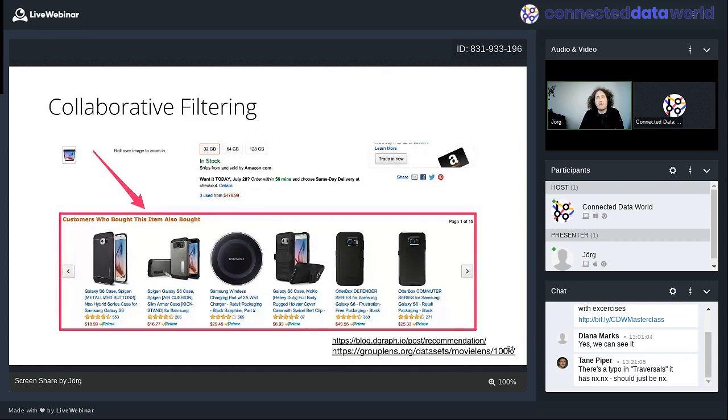Or if you're Uber Eats, you're trying to recommend new dishes, you might recommend dishes that someone else has ordered who also ordered similar dishes as you. So this process is called collaborative filtering. You try to use that collaborative knowledge to filter new products for a particular person.